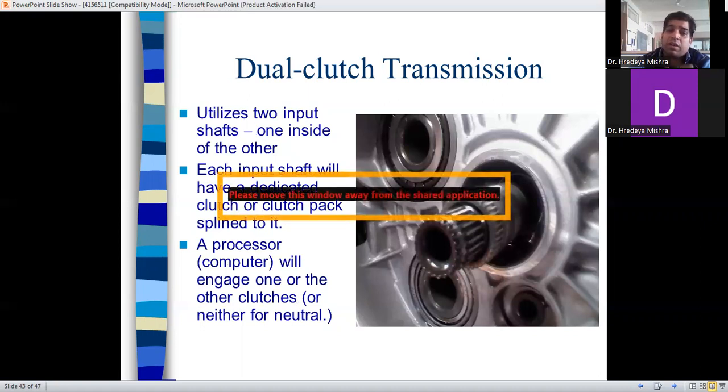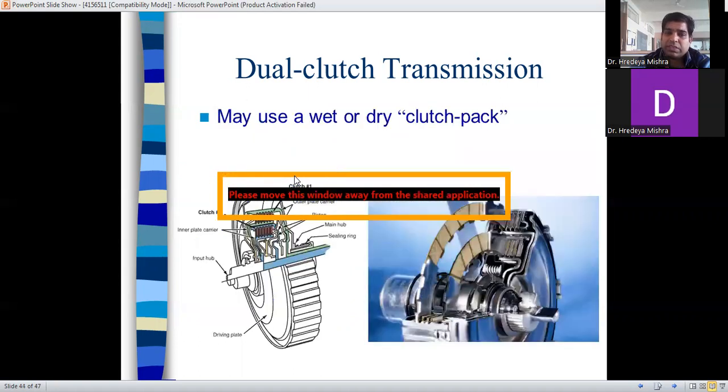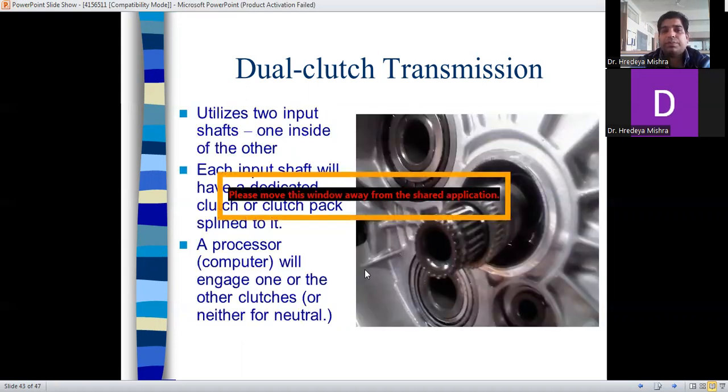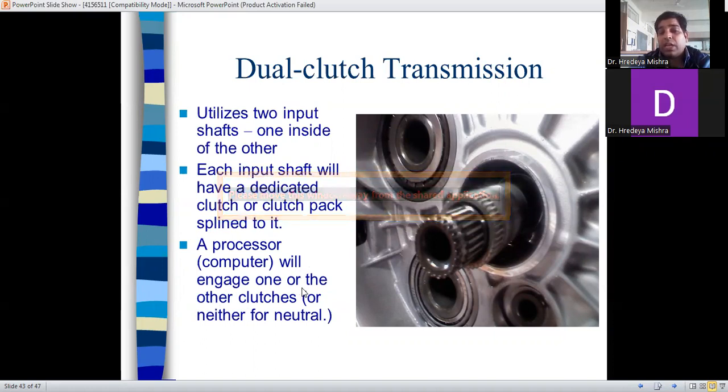Each input shaft will have a clutch pack attached to it. Okay, a processor or computer will engage one of the clutches.